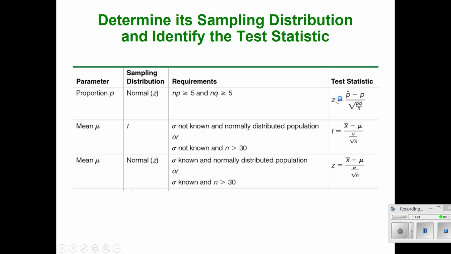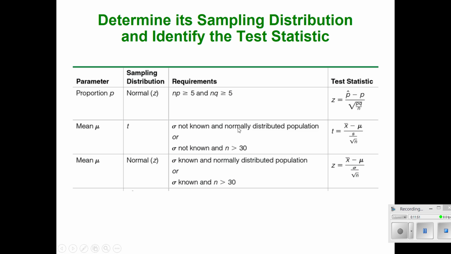And in this test statistic formula right here, you can see the sample statistic symbol p hat and the population parameter symbol for the population proportion p, sample mean x bar, population mean mu, and then you also see the sample standard deviation s and the population standard deviation sigma.